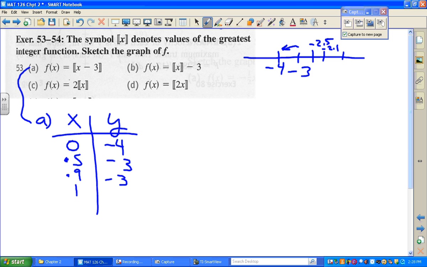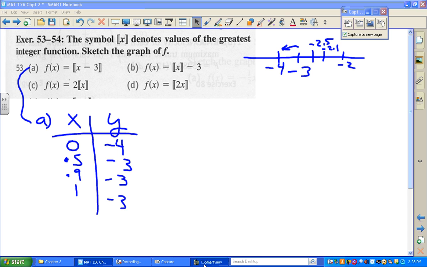Negative 2. That's bigger than what integer immediately to the left? Negative 3. That is the greatest integer function. The value you get out is greater than what integer immediately to the left. So you can see there's a lot of numbers going to have negative 3 for their y value, right? There's going to be a lot of numbers that have negative 2.